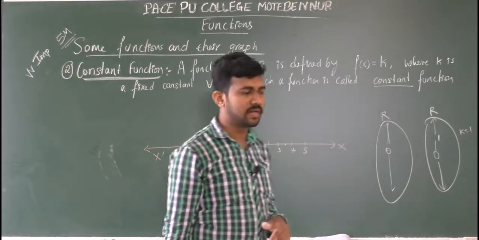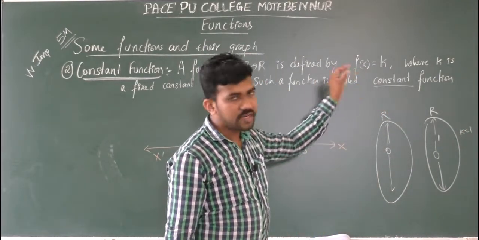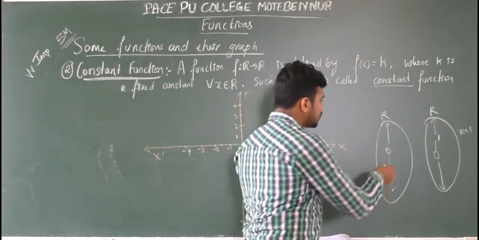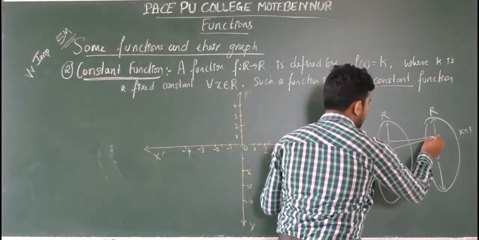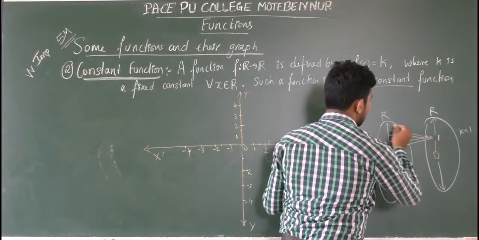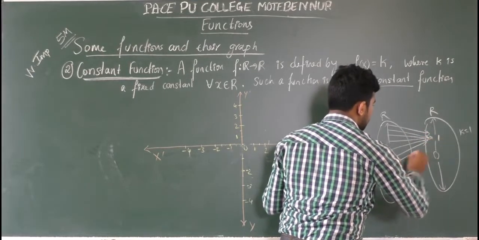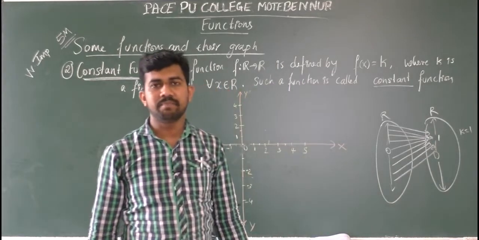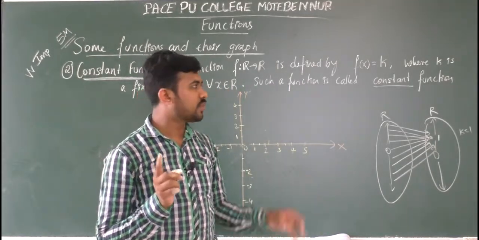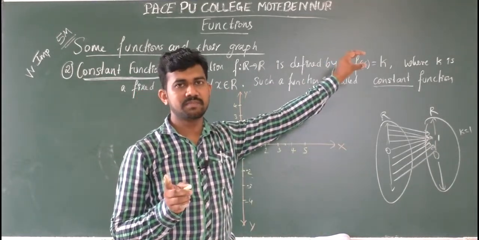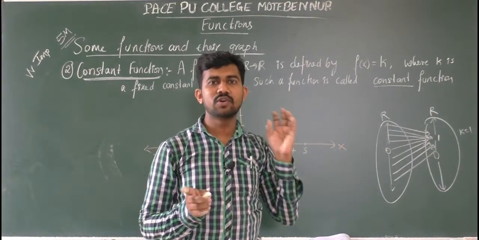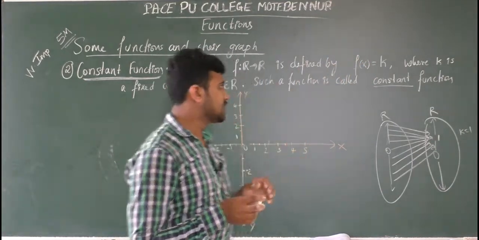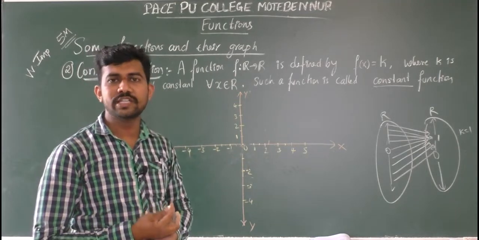Then as the definition says, the image of every element of x is 1 itself. That is a fixed constant. Whichever constant you fix, that same image comes. Such a function is called a constant function.